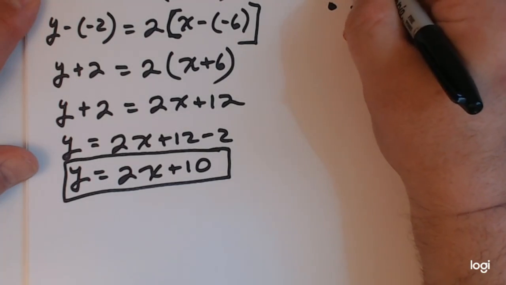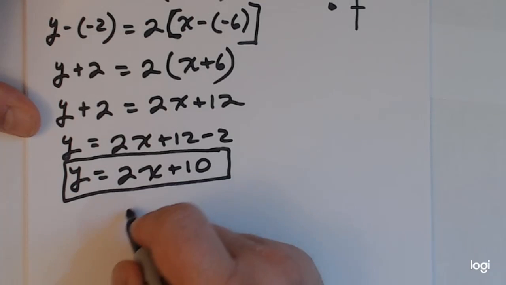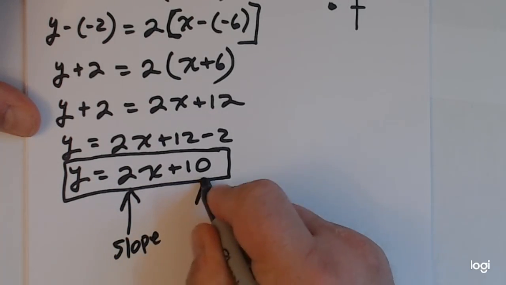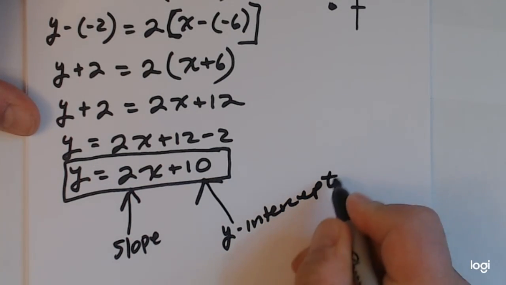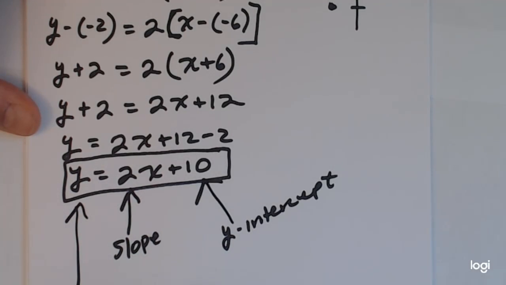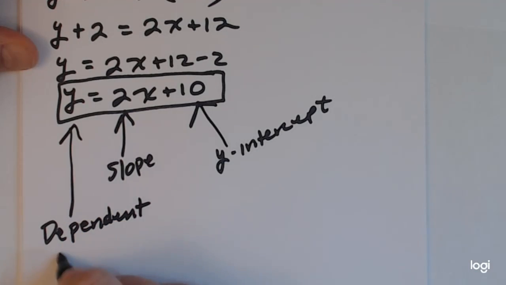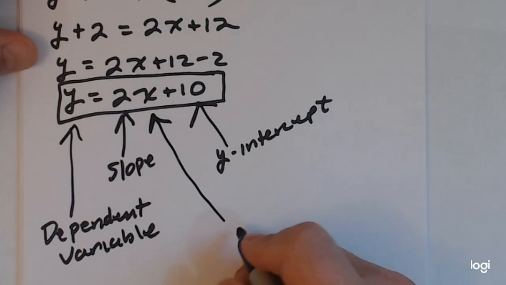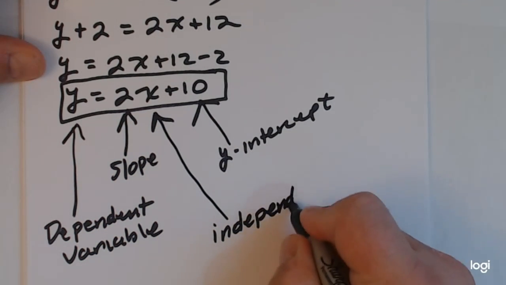It's going to cut the y-axis. Remember, when we do this, 2 is the slope, 10 is the y-intercept, y is the dependent variable, and x is the independent variable.